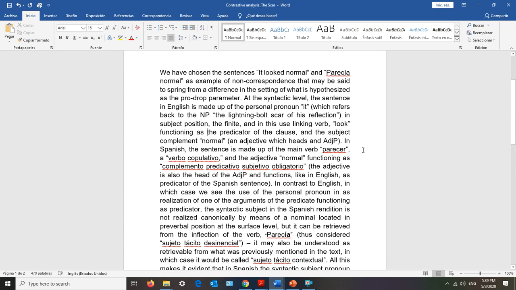In Spanish, the sentence is made up of the main verb parecer, a verbo copulativo, and the adjective normal, functioning as complemento predicativo subjetivo obligatorio.